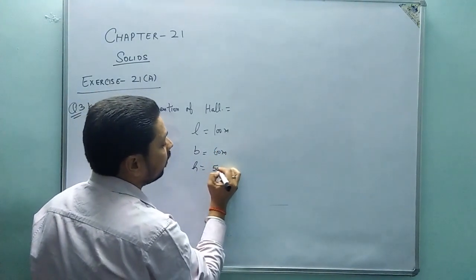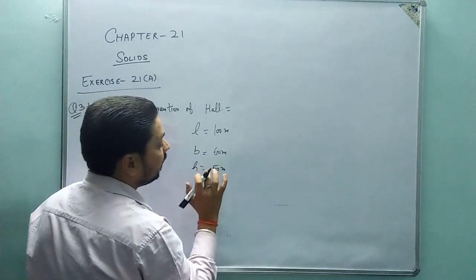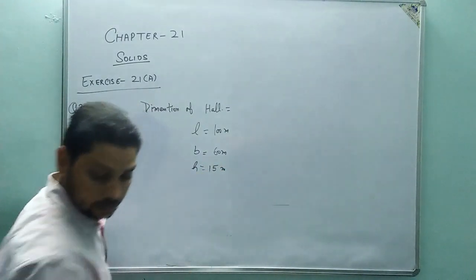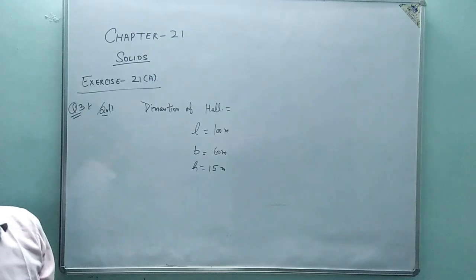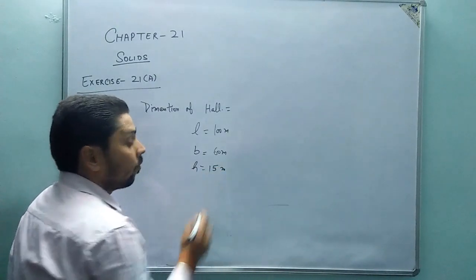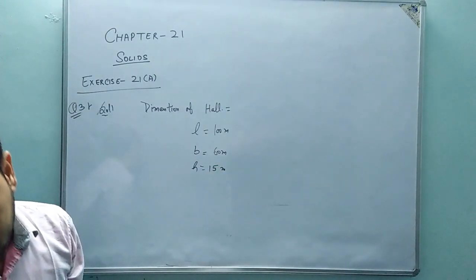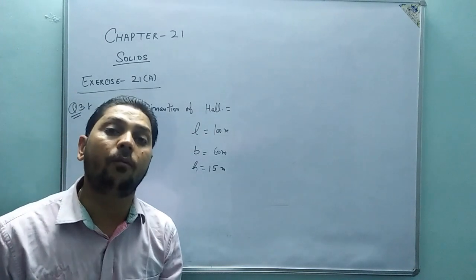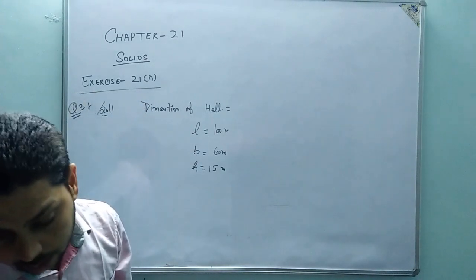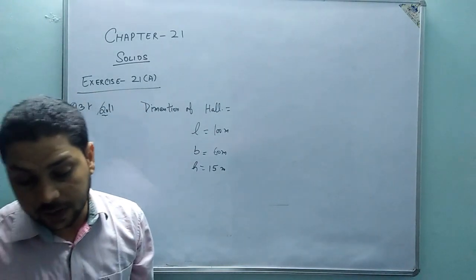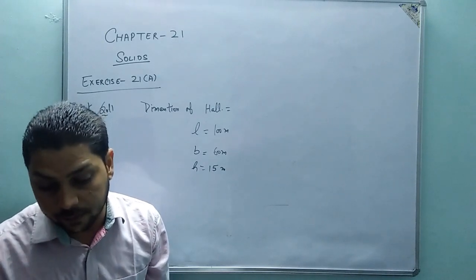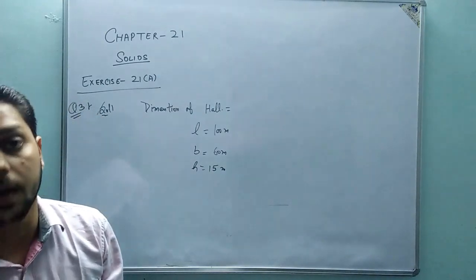And height is 15 meter. We have to find the number of persons that can sit in the hall if each requires 150 meter cube of air.